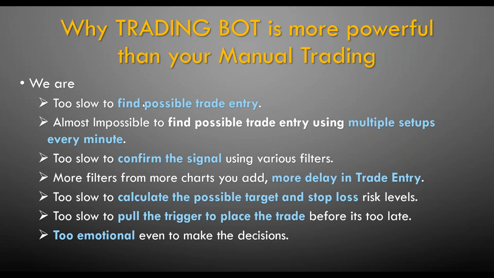Okay, so like I said, a trading bot is something that can improve your manual trading, because we are too slow to find possible entries, and almost impossible to find trades using multiple setups at the same time. That's why manual traders stick to one or two trade entries. And every trade opportunity, we need to make sure, for example, I check my 2-minute trade opportunity against the 30-minute chart, a higher time frame, or a different indicator.